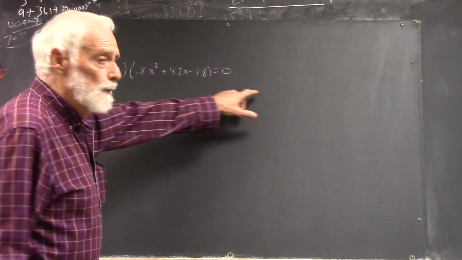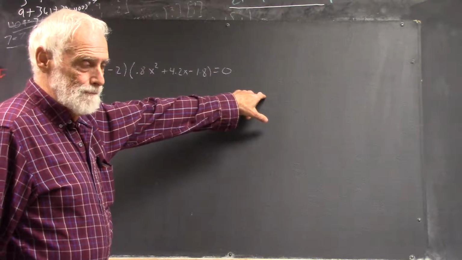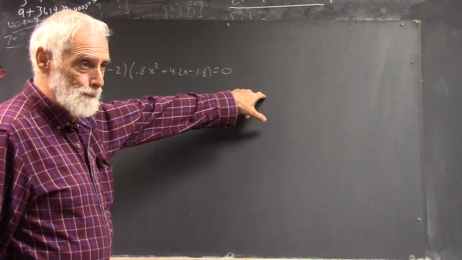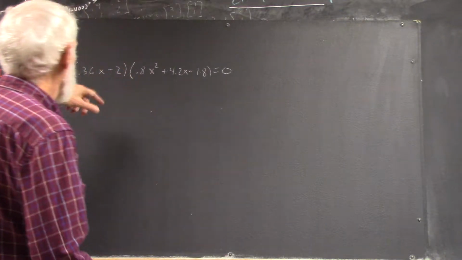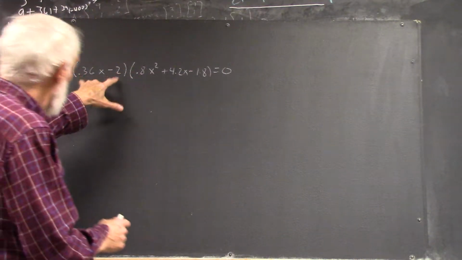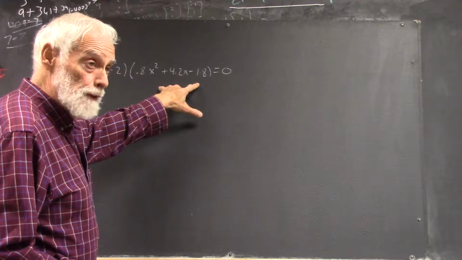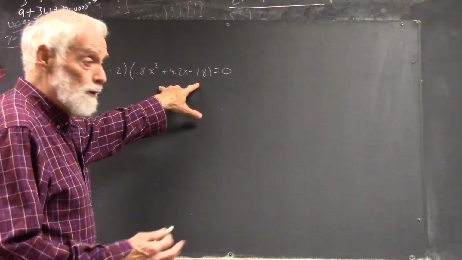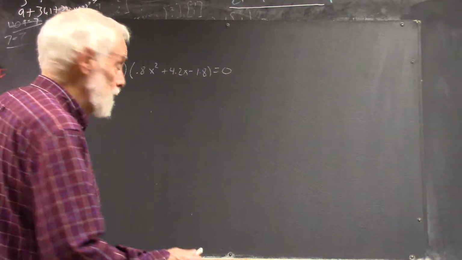If you have this equation, you can solve it, okay? Because this means that either this thing is 0 or this thing is 0. So just break it into two equations, okay?